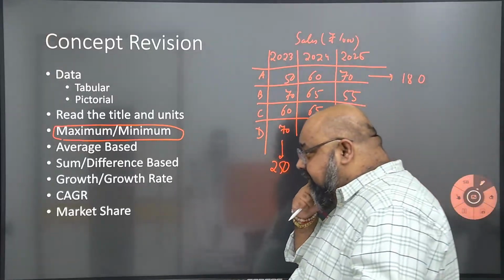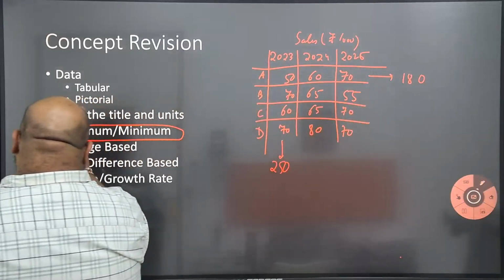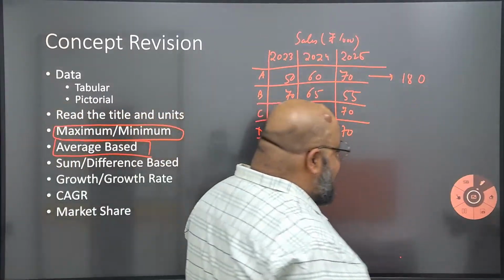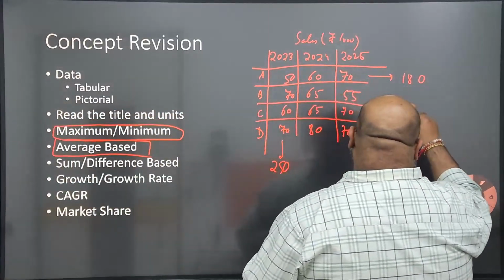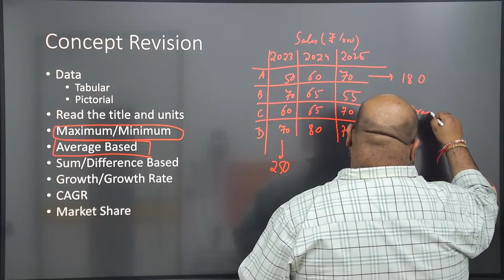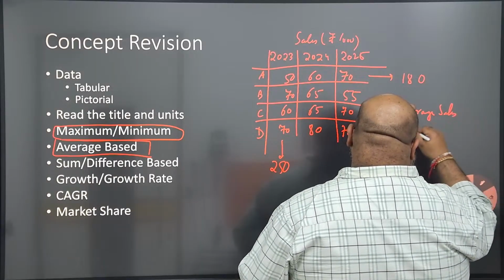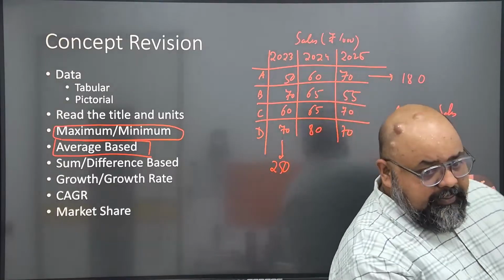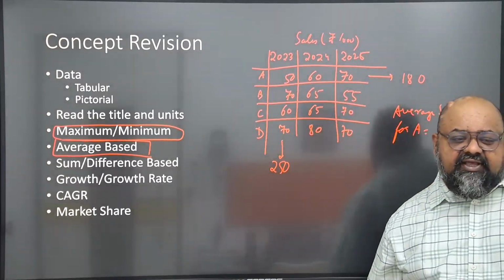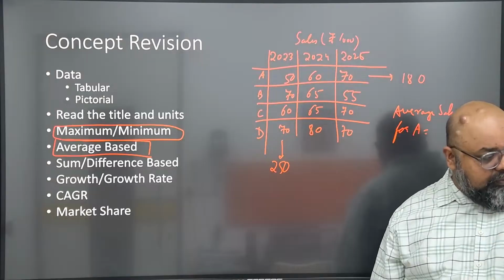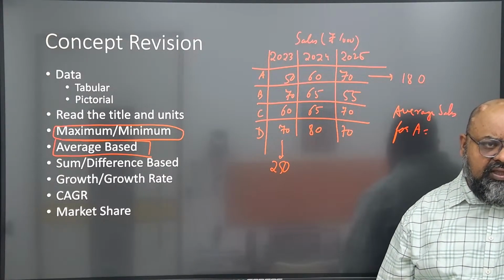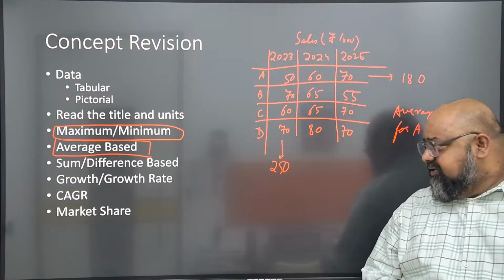Right? And the moment I have a total, I could talk about averages. And therefore, I could have an average based question, which goes on to say average sales for A in the given 3 years. What would be the answer here? Because I have a total, I will be able to find the average.